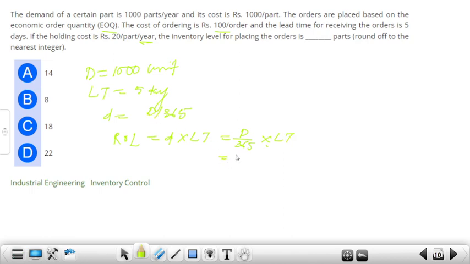D is given as 1000 divided by 365 and lead time is 5, so we get 13.69, which is equal to 14. So the reorder level is 14 units.